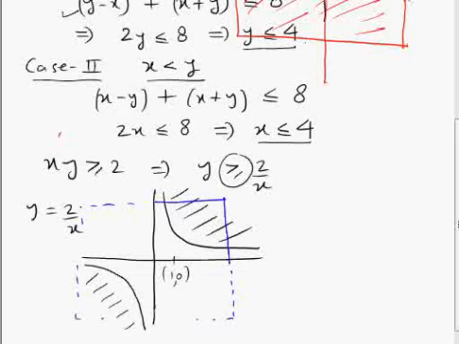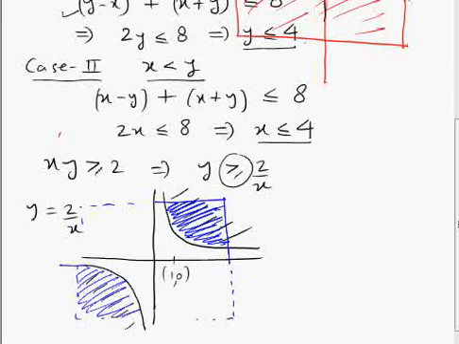Now in the first quadrant, this is the area bounded by the square and the 2 by x curve. This curve is symmetrical about the origin, so a similar area we would get in the third quadrant. So to find the total area bounded by the two curves, we double the area of the first quadrant.